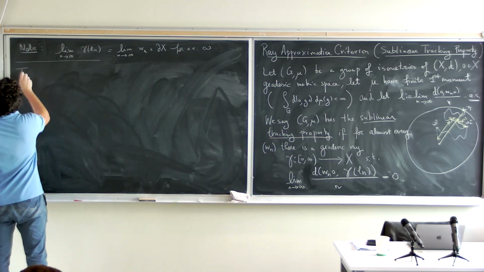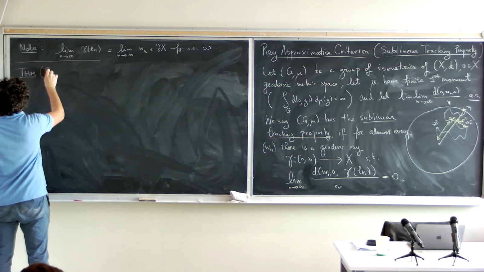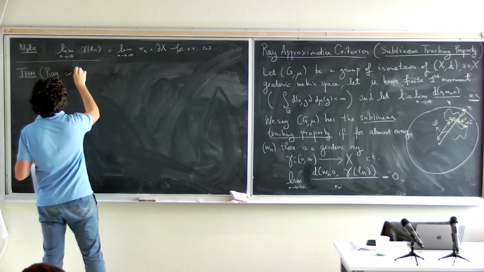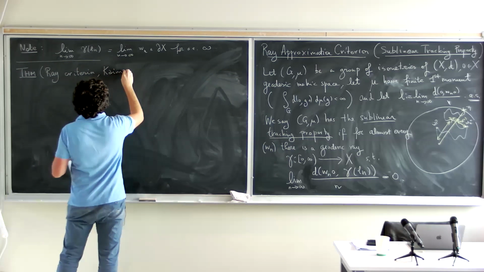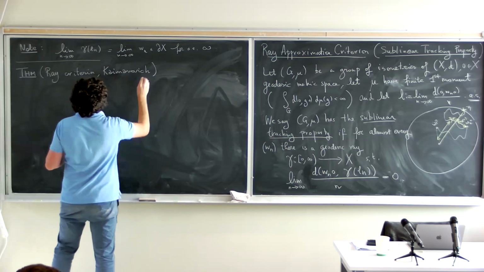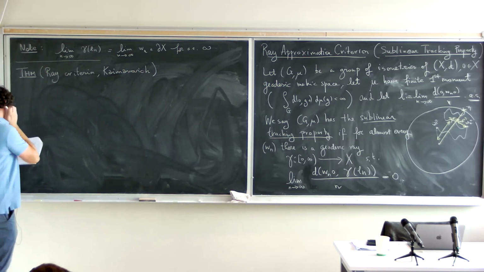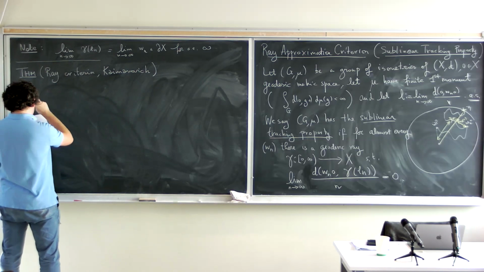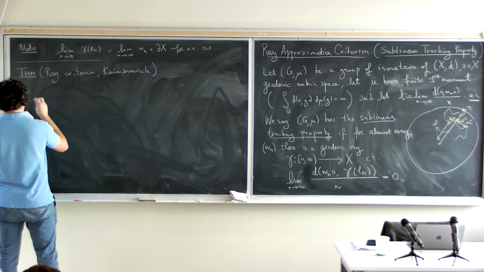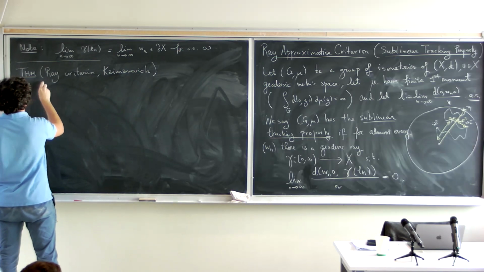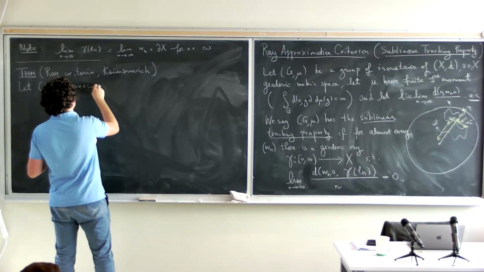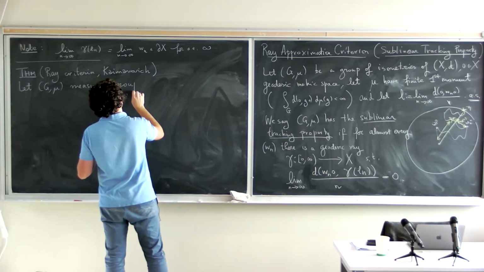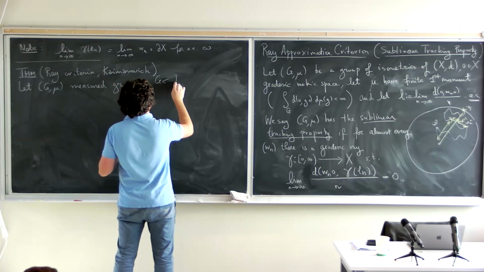Okay, so here's a theorem, which is the ray criterion. The ray criterion is slightly more general, but this is basically the way that it gets applied the vast majority of times. So again, under all these assumptions, let G, mu be a measured group acting by isometries.